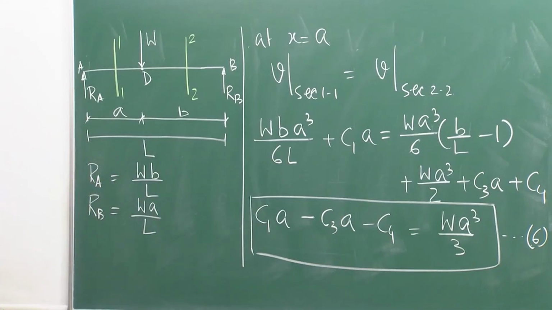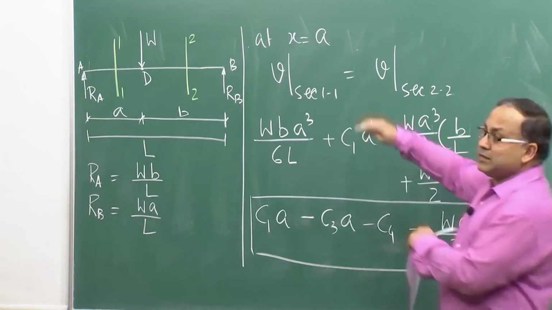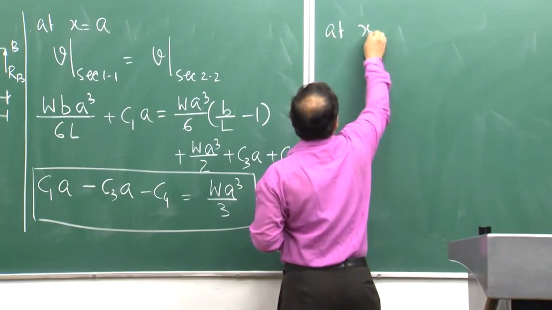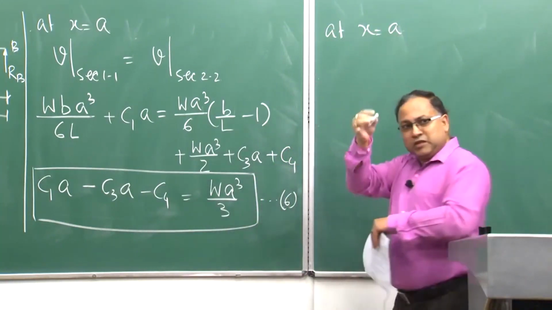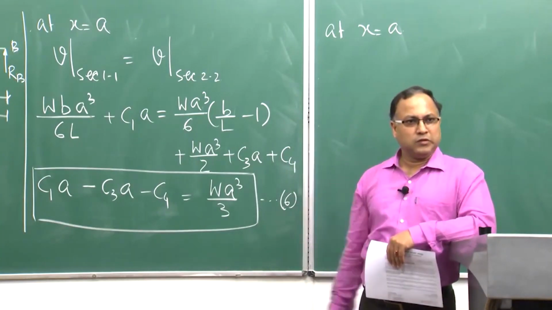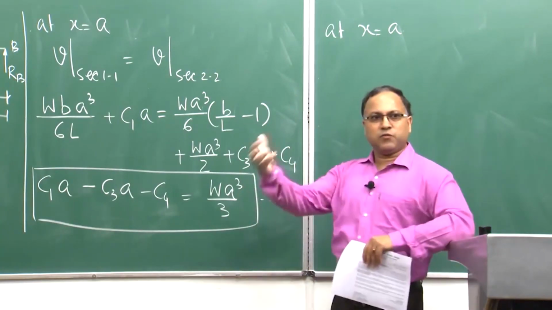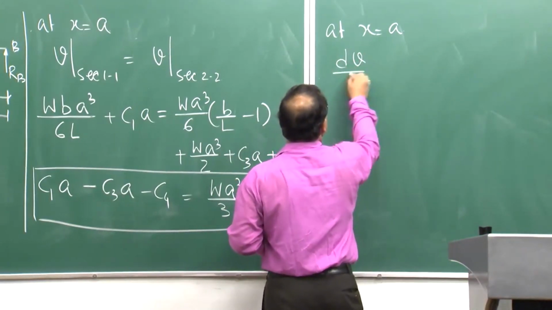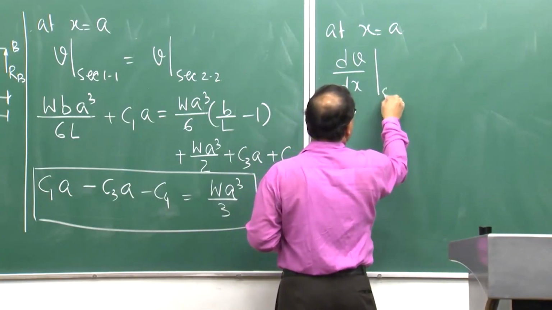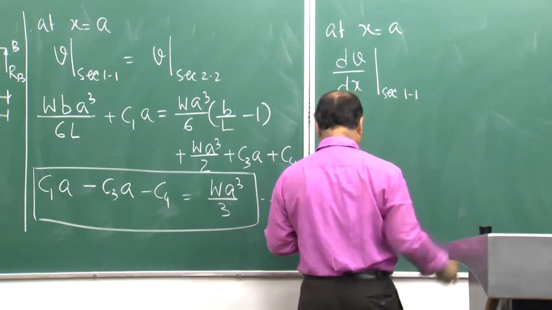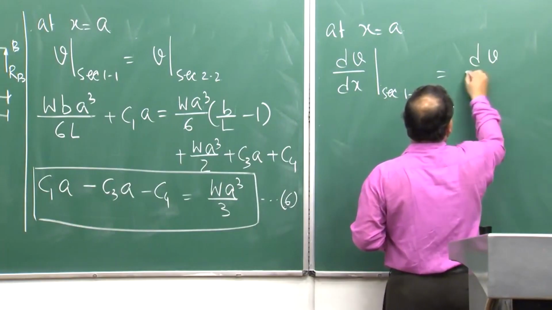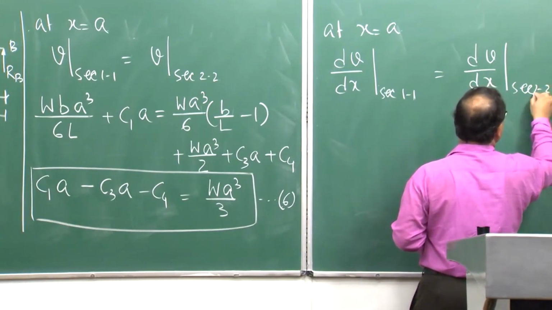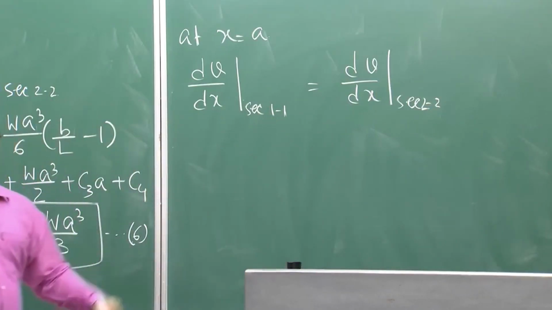Now, by following a similar argument, at x equal to a, the slope of the curve must be same, whether you come from section 1-1 or section 2-2. So, dV/dx calculated from section 1-1 is equal to dV/dx calculated from section 2-2.